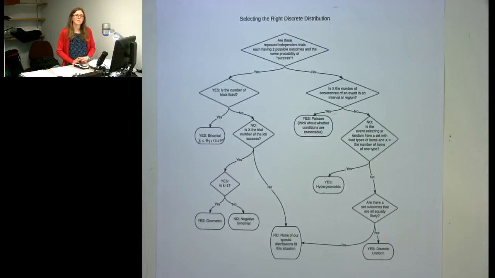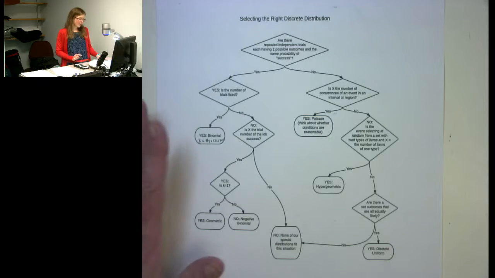Remember that there are some assumptions that go with the Poisson distribution. For instance, that events occur independently of each other, and the probability of 2 events occurring in a really short interval of time is very small. There are a number of other assumptions for the Poisson process, so you need to think about those, but the Poisson is often a good choice in that situation.